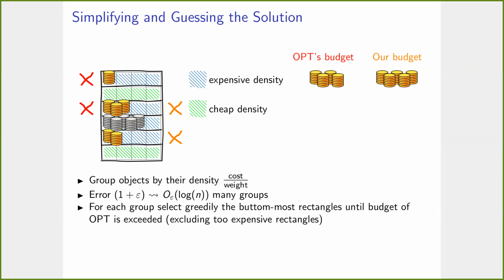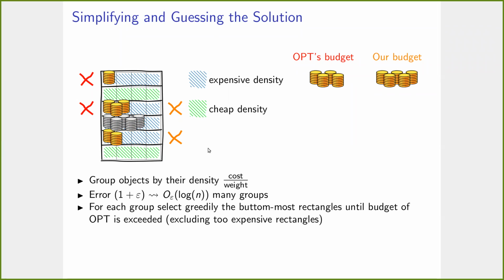You can think of it as it's always better to pick something low, because if some of the rectangles in opt contributed to satisfying some ray constraint, then we know that also the rectangles that are lower must also hit the same ray, because if the ray hit this square, then it must also have hit this square.